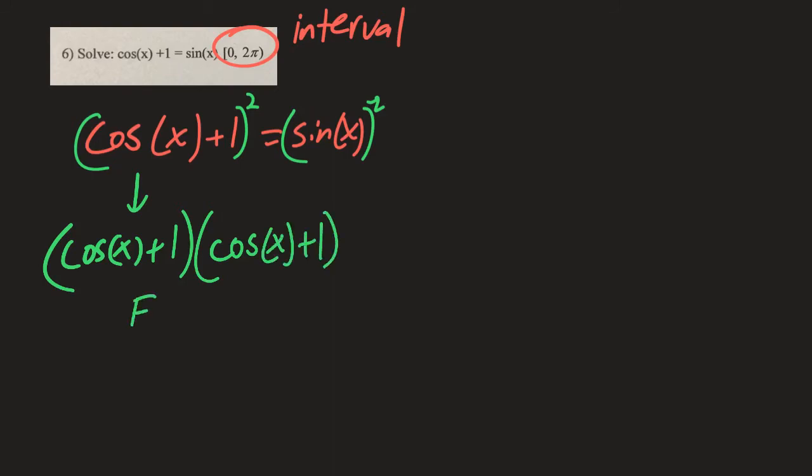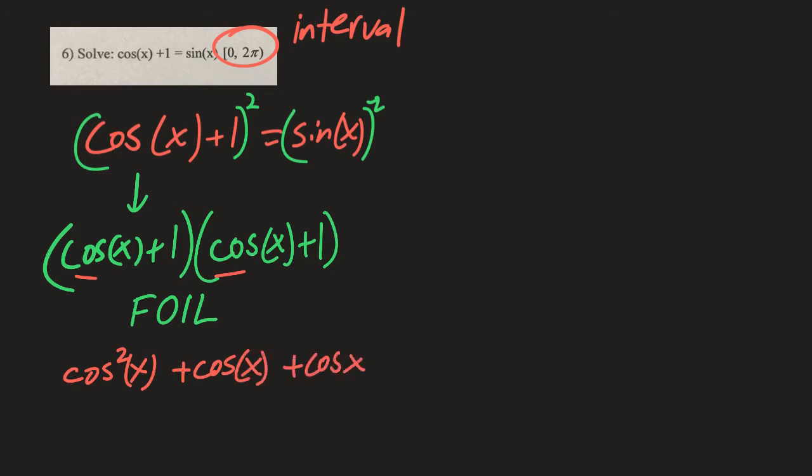And you have to remember that we're going to FOIL this out. All right. And when we start FOILing this out, cosine times cosine is cosine squared. We're going to get plus cosine then another cosine, and plus 1 as my last number. All right, first, outside, inside, last, we've got that.